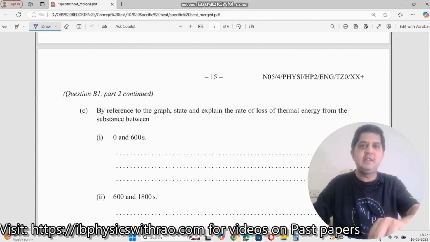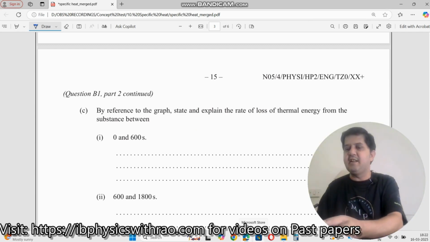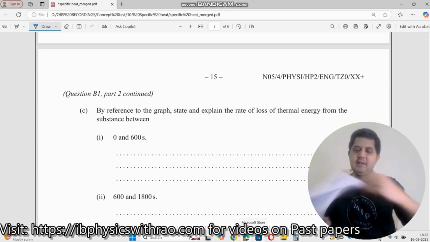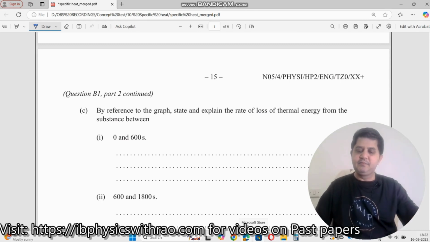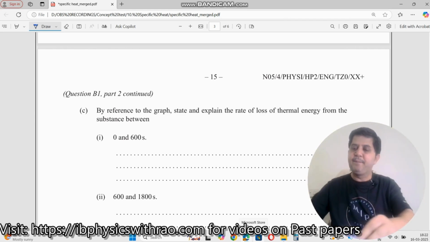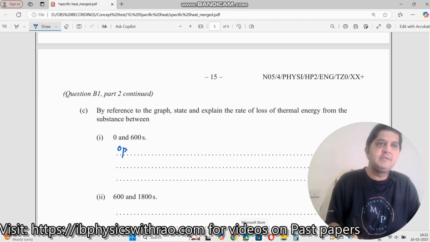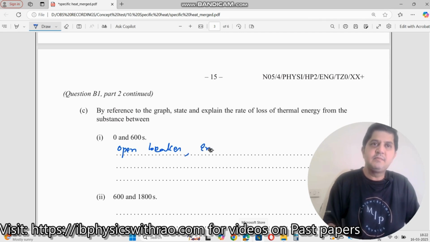So how is the energy getting released or reduced over here? First, it's an open beaker, and then energy is lost to the surroundings.